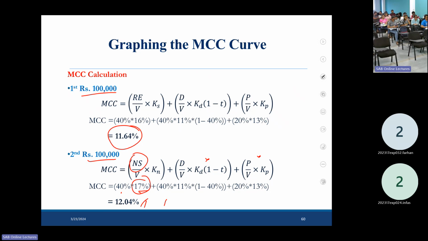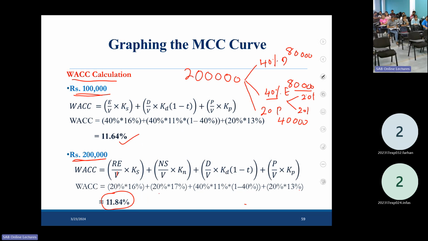So that is related to the new fundraising. If you are going to increase total capital from 100,000 to 101, this is the applicable cost. So that is the weighted average cost of capital.